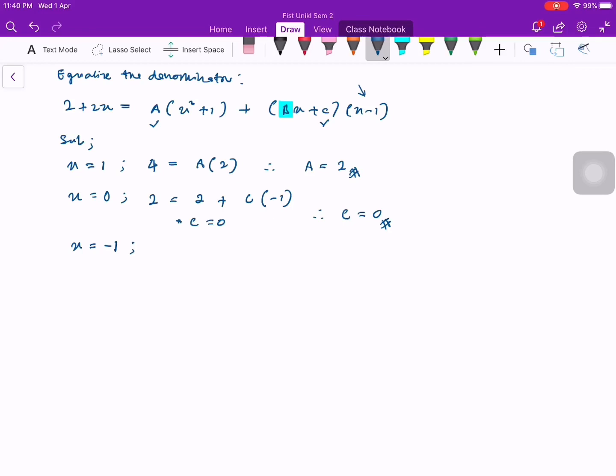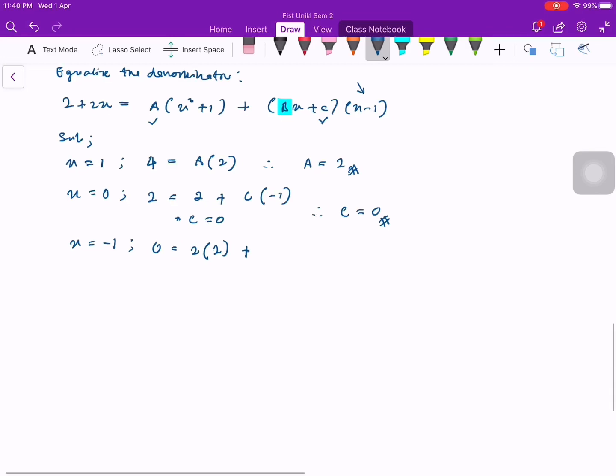Saya akan dapat 0 is equals to, here A is 2 times with, now I'm having minus 1, then I have 1 plus 1 which is 2, okay, plus with, and then B yang kita nak dapat tadi, Bx, B gantikan dengan minus 1, then kita akan dapat minus B, okay, C is 0, okay, plus 0, and then times with minus 1, kita akan dapat minus 2.